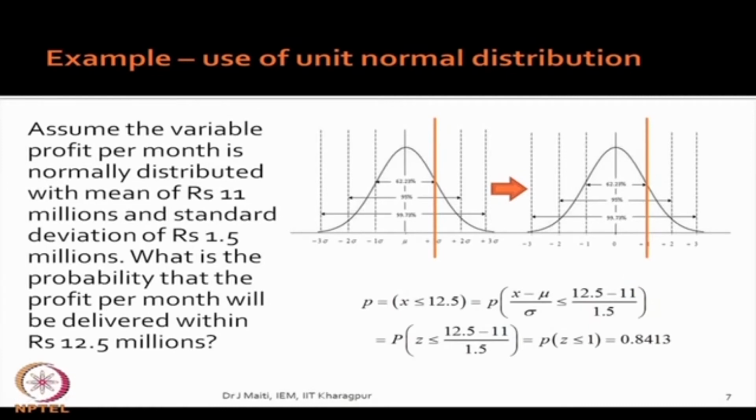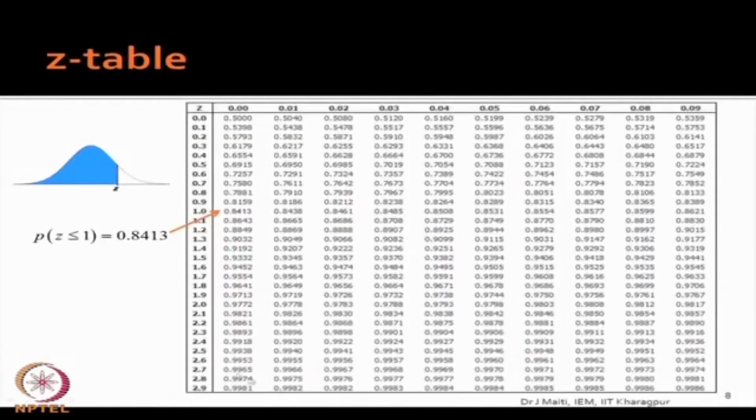Now, you have the standard normal table. Once you get the z value, you go to the table. Our z value is 1, and this shaded portion is the probability, whose value is 0.8413. So, you are able to find the probability that your profit will be within this.